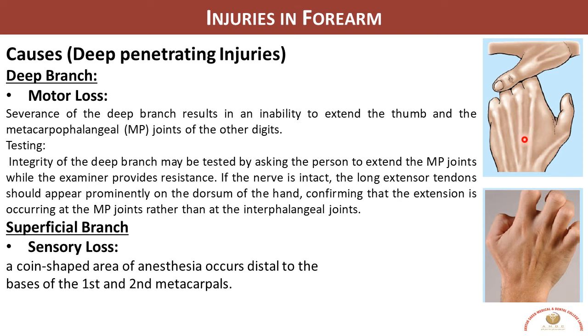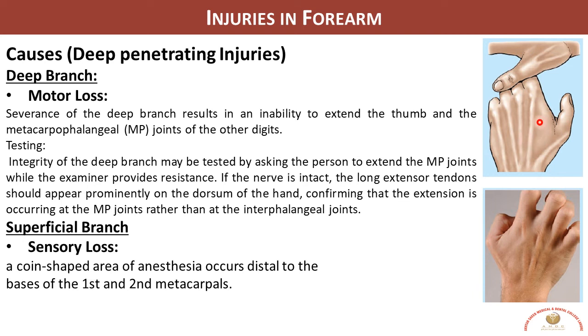In the posterior compartment of the forearm, the radial nerve supplies all these muscles. So the person is unable to extend the metacarpophalangeal joints whenever there is an injury to the deep branch of the radial nerve. Definitely, there will not be complete loss because other nerves also supply these areas.